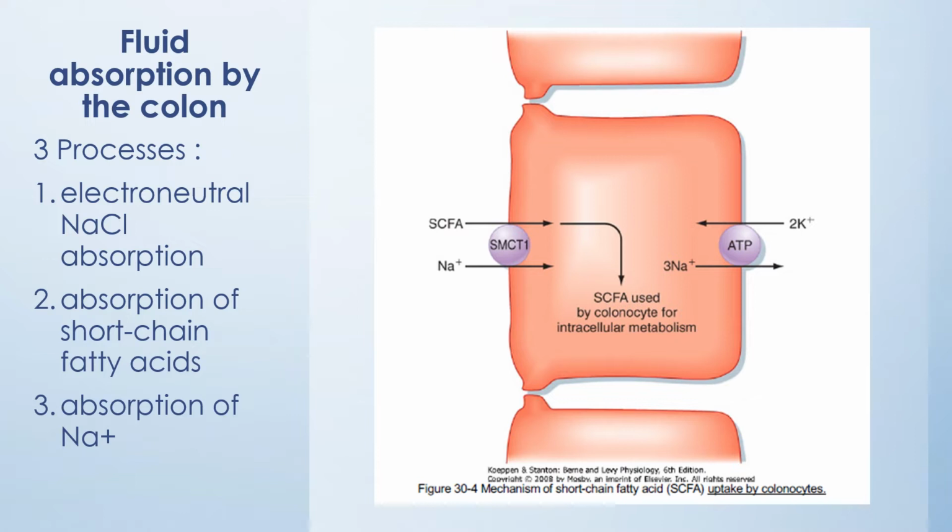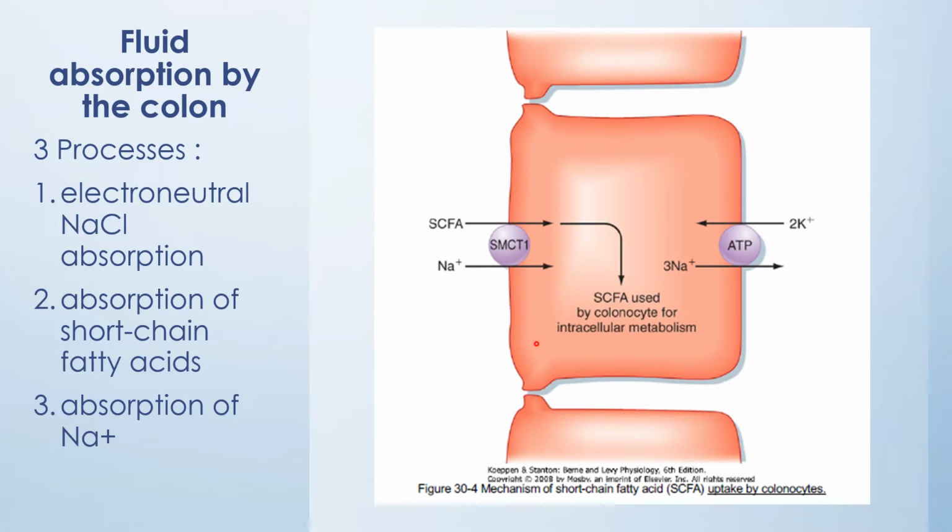Now, the figure on the right represents the absorption of the short-chain fatty acids in the colon. The short-chain fatty acids include acetate, propionate, and butyrate.